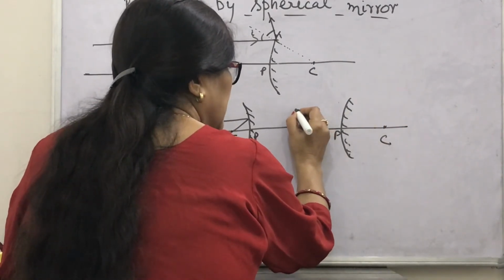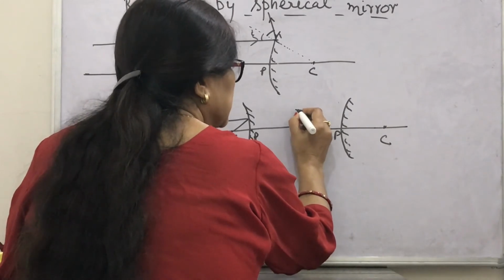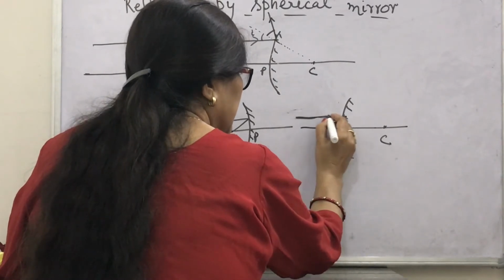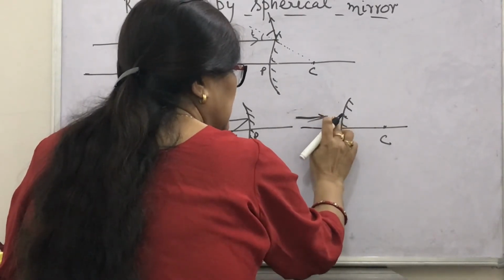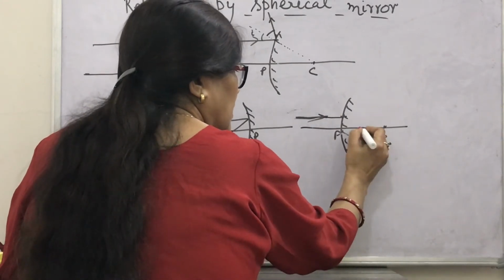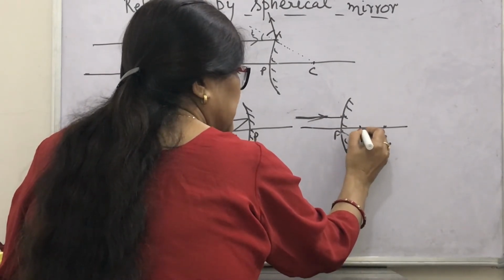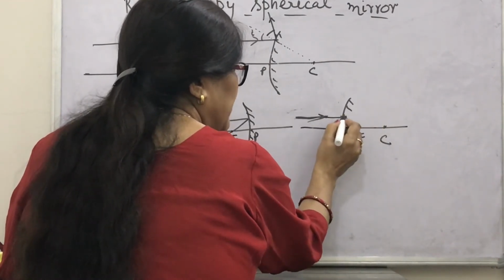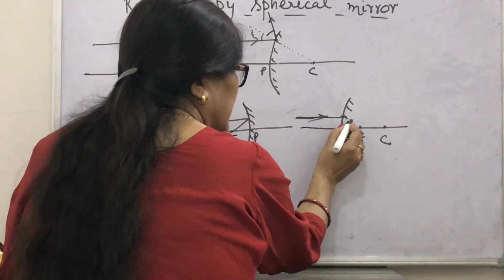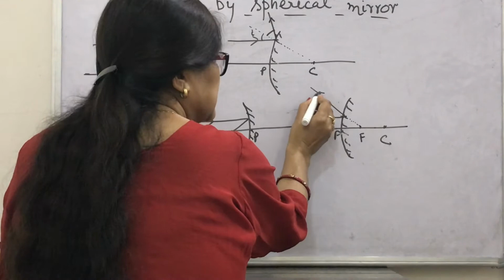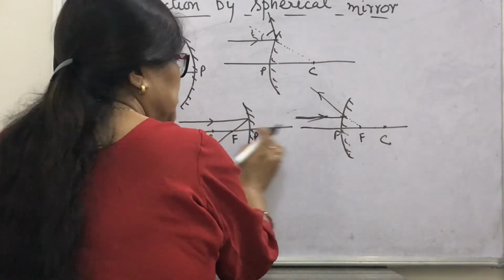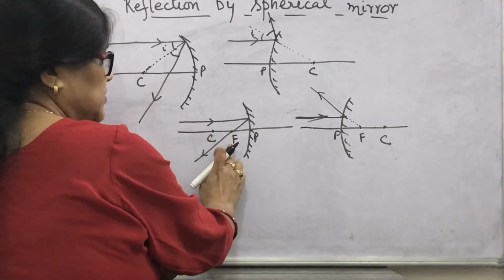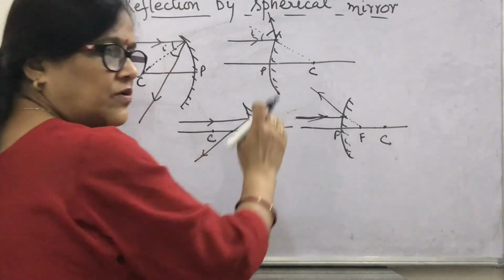If the ray is parallel and very near to the principal axis like this, then this ray, if you see, will be reflected in such a way that it will appear to pass through a point, suppose this F. These two points are called focal point or focus. This is the focus of concave mirror. This is the focus of convex mirror.